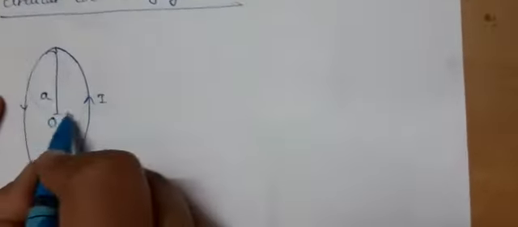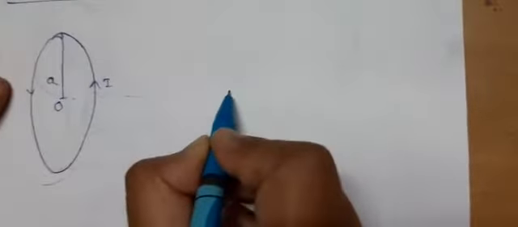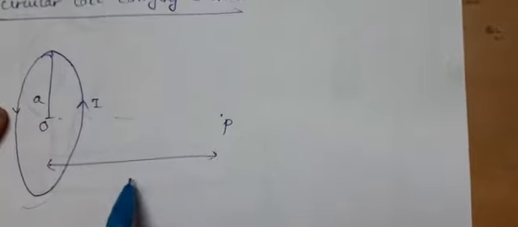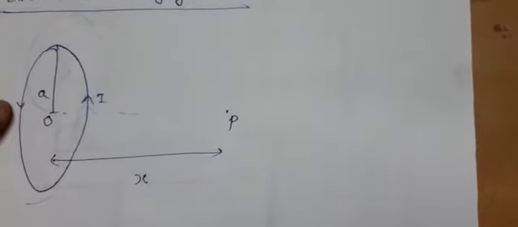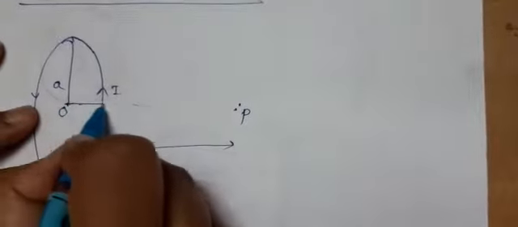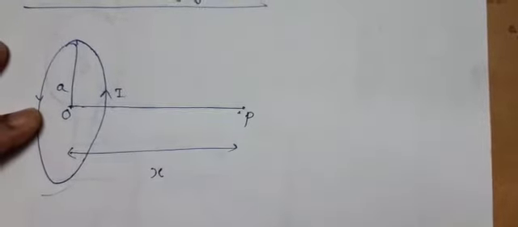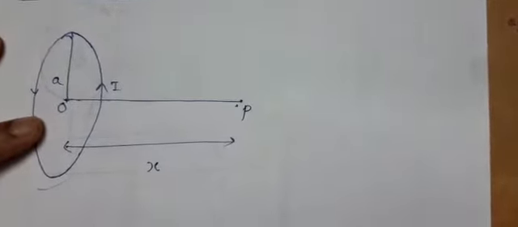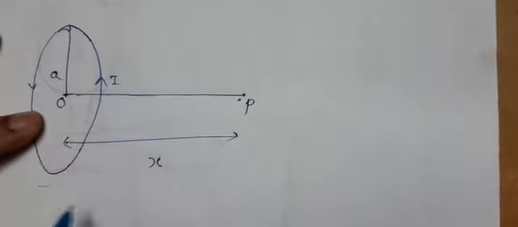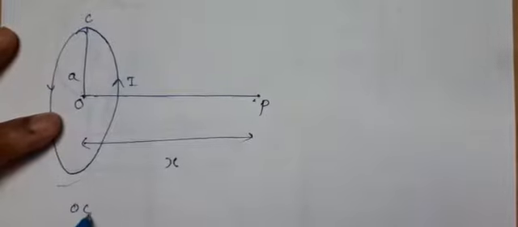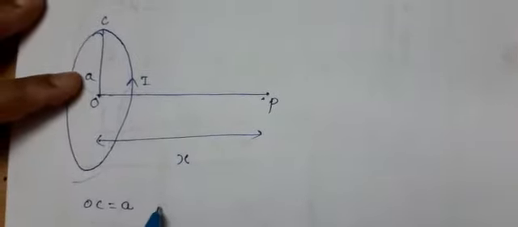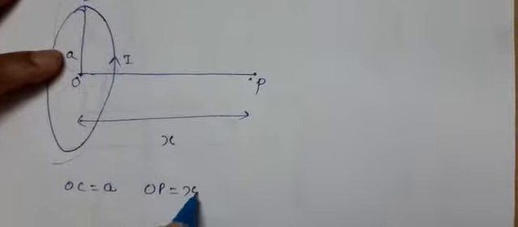We take a point P at distance x from the center, where we have to calculate the magnetic field. Let me join it. This OP distance is x, and the radius is a, represented here by OC.